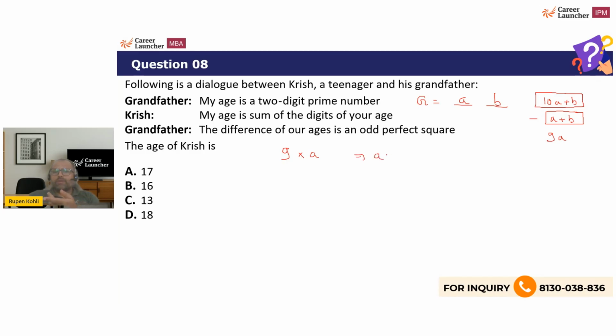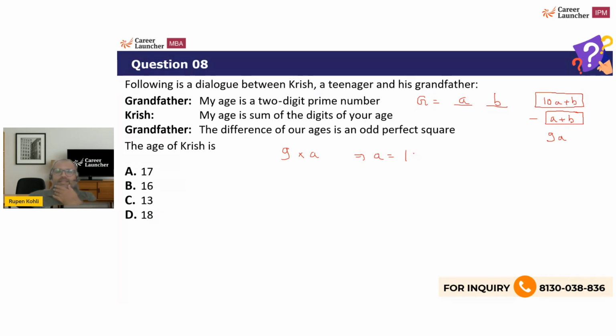So A could be, well, to begin with 1, but I don't think so. A person in his teens can't be a grandfather. Yeah, right? You can't have a grandfather whose age is in the 11 to 19 range, right?